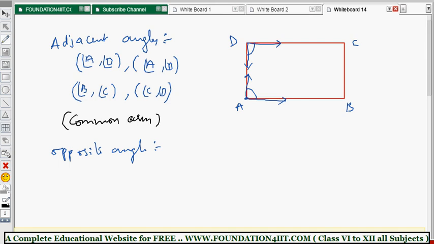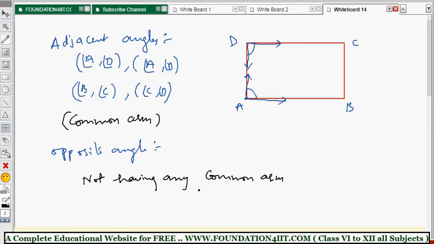Now when you see the opposite angles, two angles of a quadrilateral not having any common arm, we can call them opposite angles.